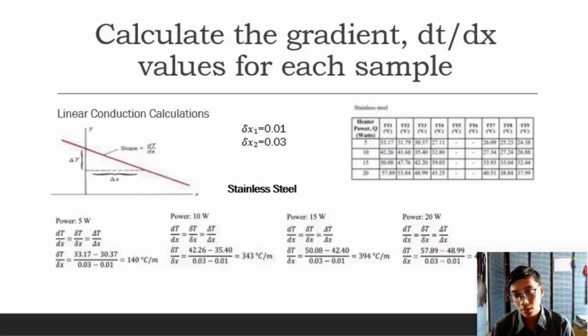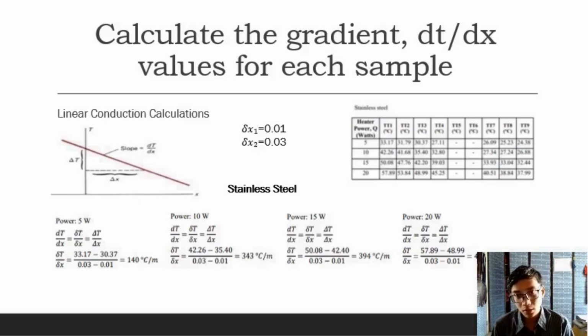There are 4 types of heater power: 5 watt, 10 watt, 15 watt and 20 watt. So we use the formula dT/dx equals ΔT over Δx, which is the difference of temperature over the difference of x.